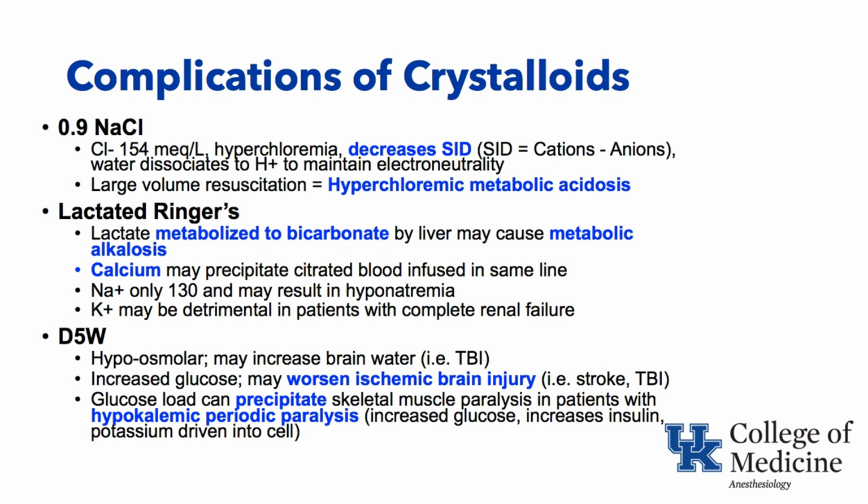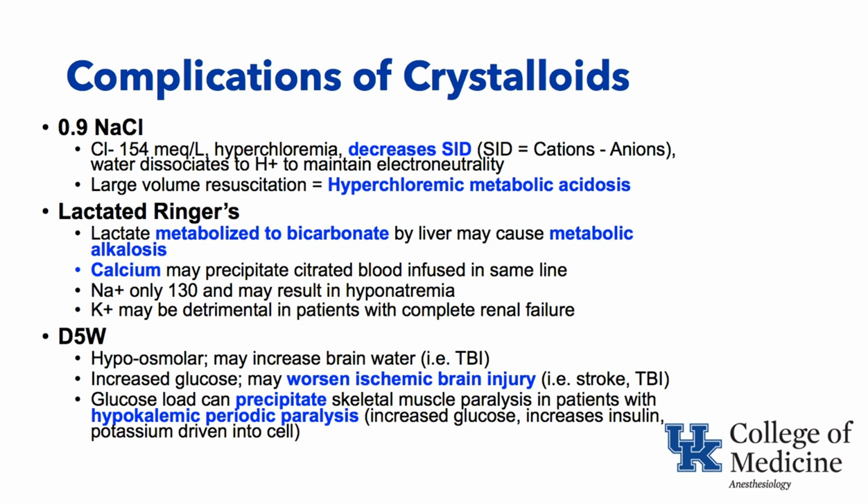Lactated Ringer's. Lactate is one of the anions that can be metabolized to bicarbonate by our livers and cause a metabolic alkalosis. Acetate and citrate are also metabolized to bicarbonate. Calcium is also present in lactated Ringer's and can precipitate citrated blood if it is infused in the same line.